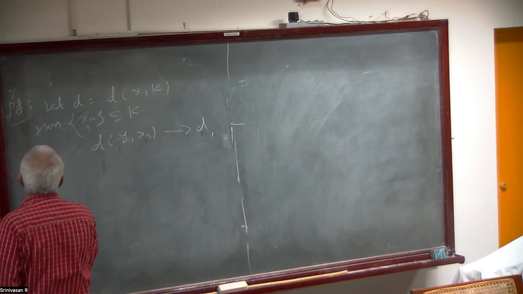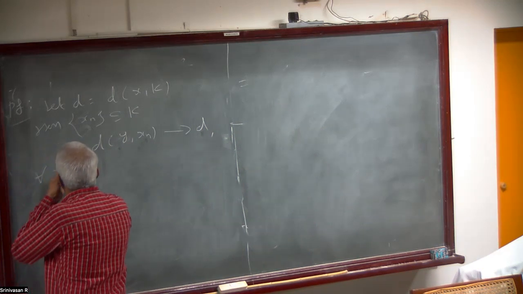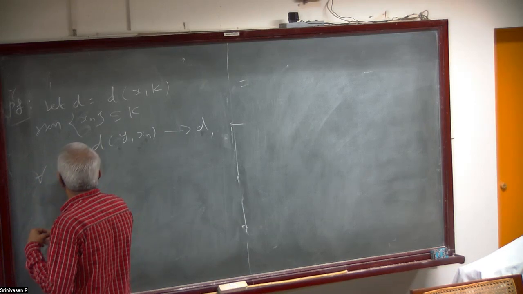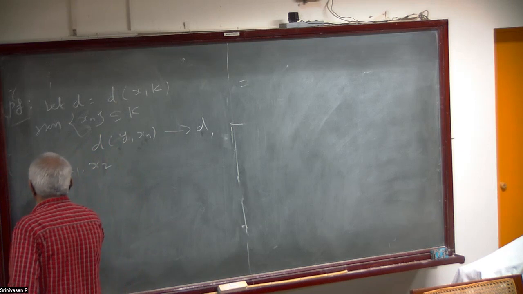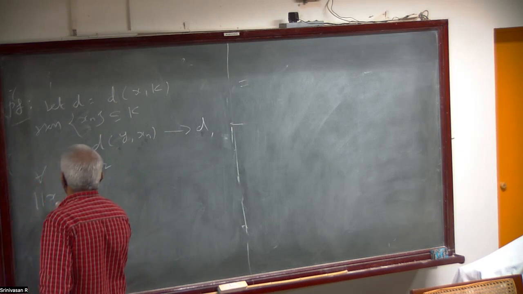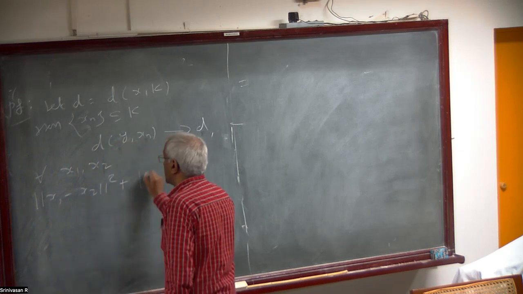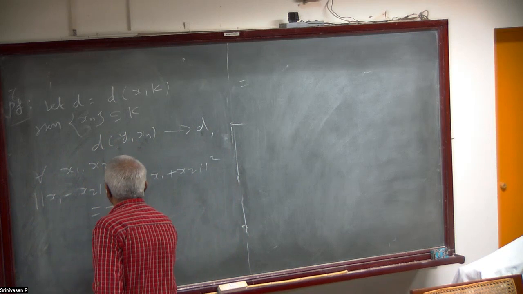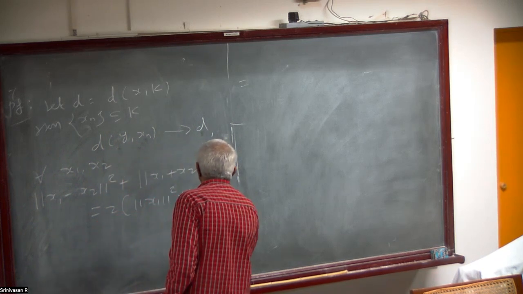So in general, we have for all x1, x2 the following: this parallelogram identity, 2 times norm x1 squared plus norm x2 squared.